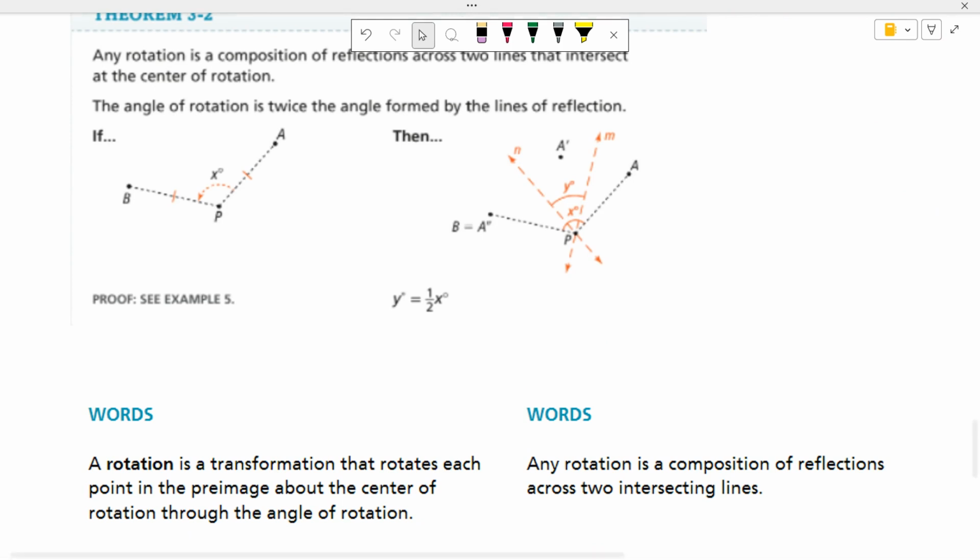So, a rotation is the same as reflecting around two lines that cross at the point of rotation. Okay?